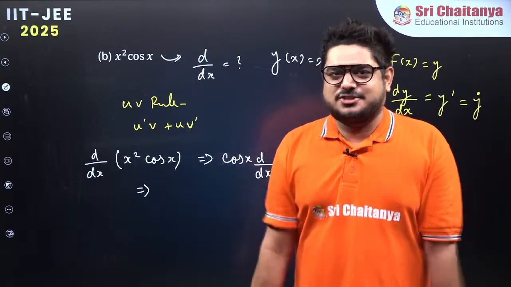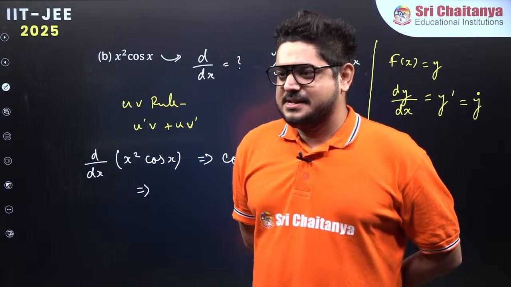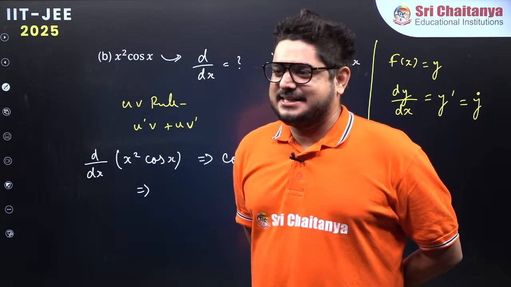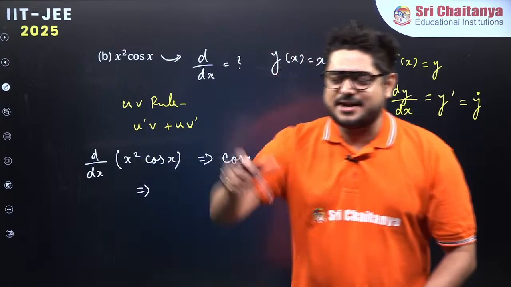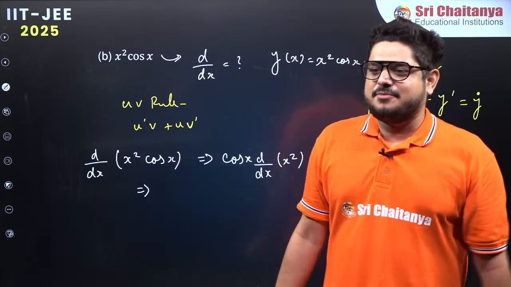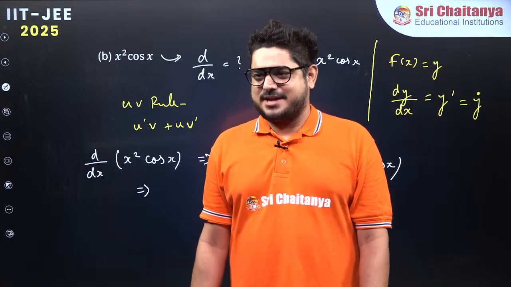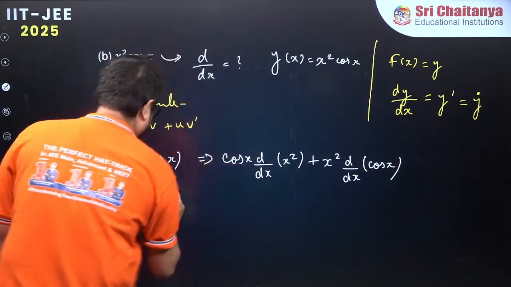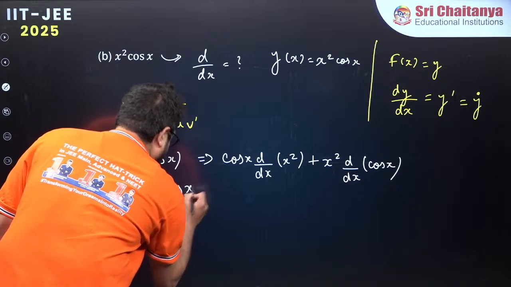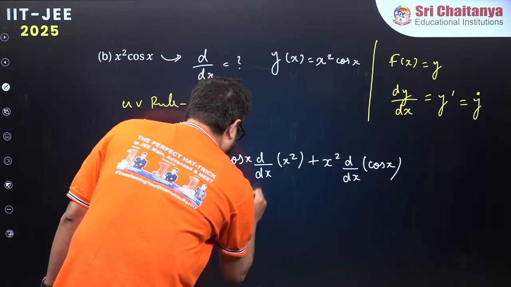Yes, 2x, correct, 2x. Everyone is getting 2x, isn't it? So cosine of x into 2x, followed by x square.